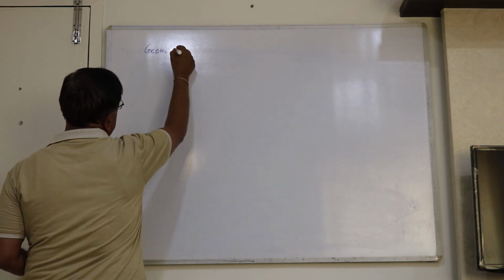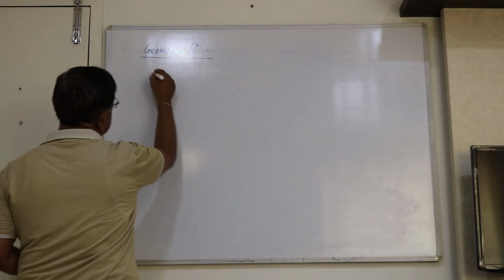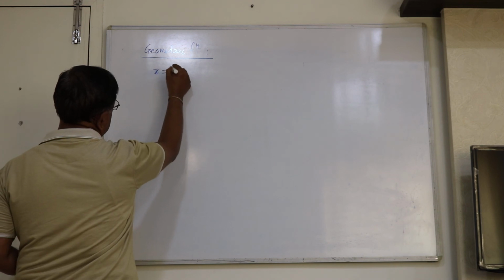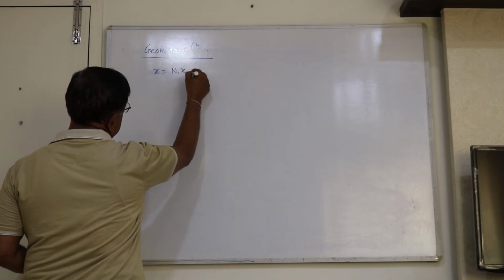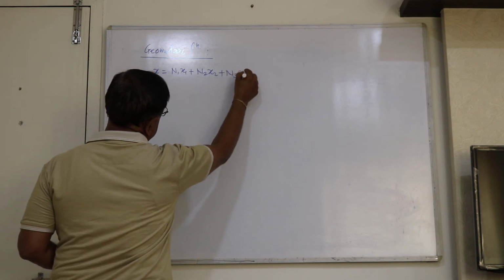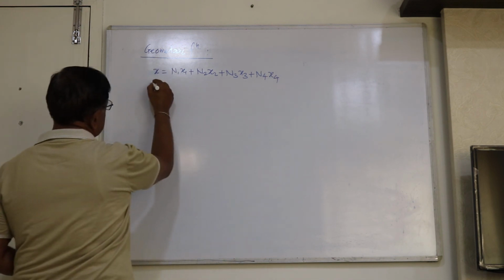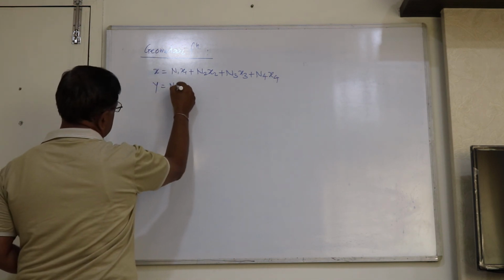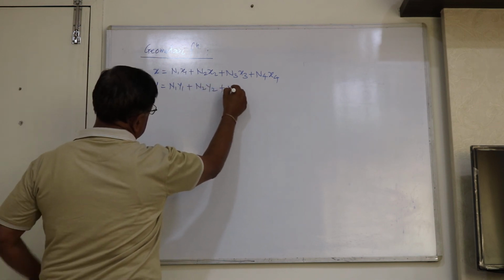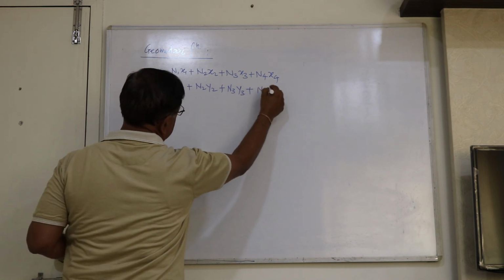Now the geometric function: x is equal to N1 x1 plus N2 x2 plus N3 x3 plus N4 x4, then y is equal to N1 y1 plus N2 y2 plus N3 y3 plus N4 y4.